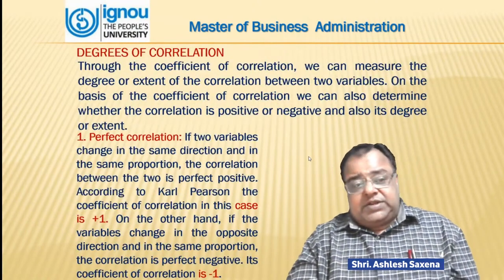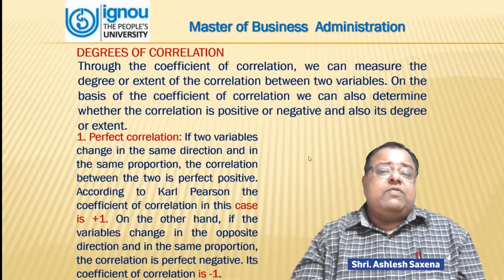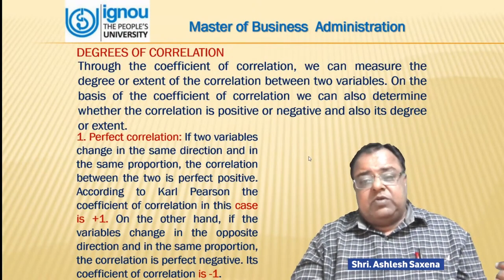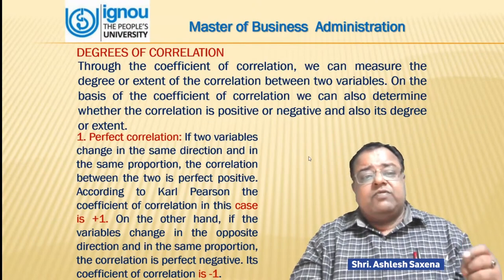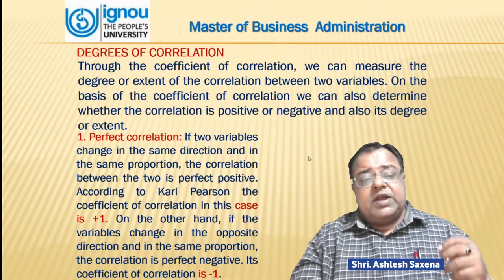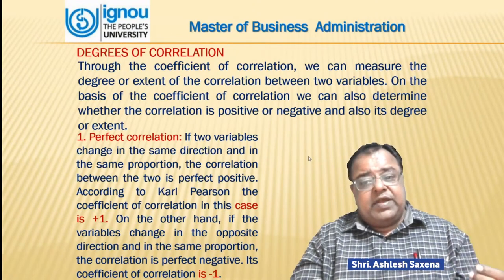What is degree of correlation? Through the coefficient of correlation, we can measure the degree or extent of the correlation between the two variables. On the basis of the coefficient of correlation, we can also determine whether the correlation is positive or negative, and also its degree or extent.